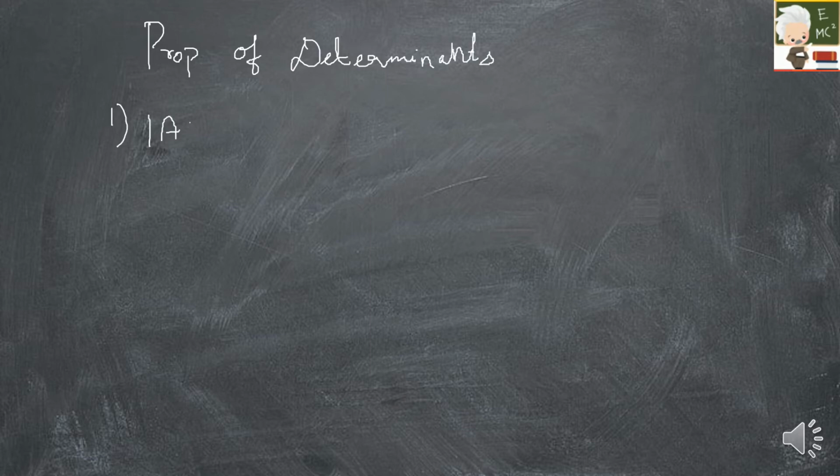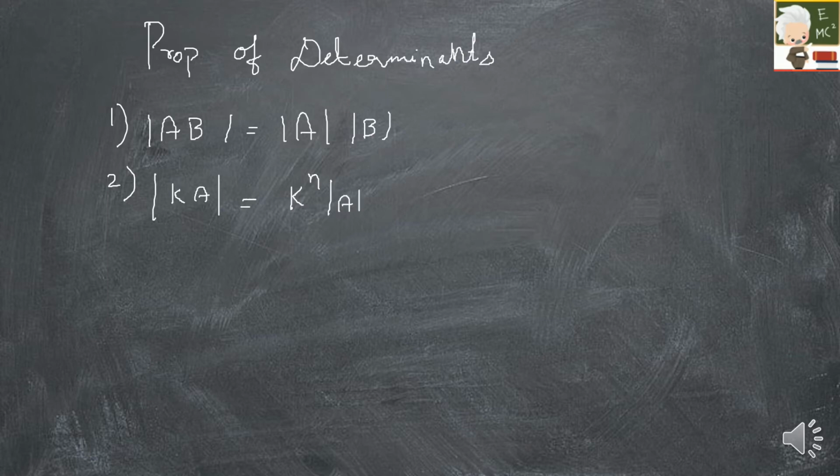Next, let us see the properties of determinants. Just as we had properties for a transpose, we have certain properties for determinants. First, the determinant of AB is equal to the determinant of A into the determinant of B. Next, if your matrix is multiplied by some constant k, then the determinant is k power n into that particular determinant, where n denotes your order.